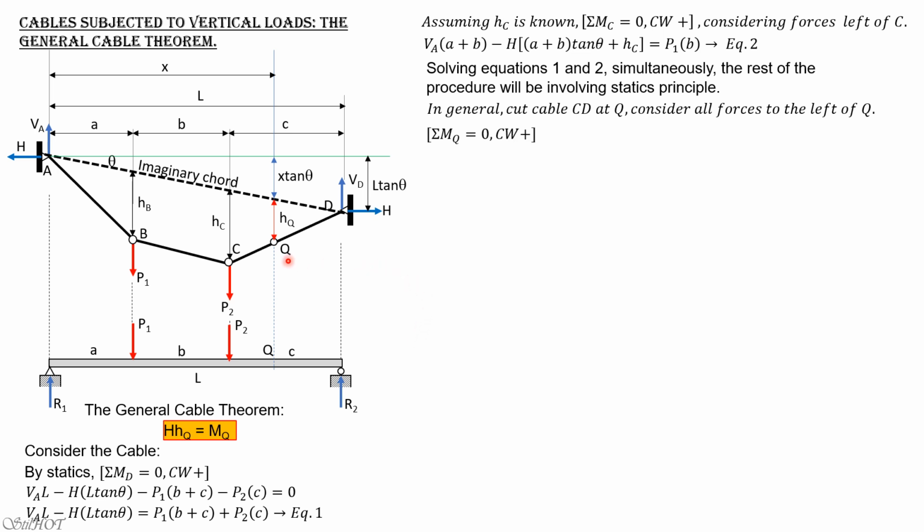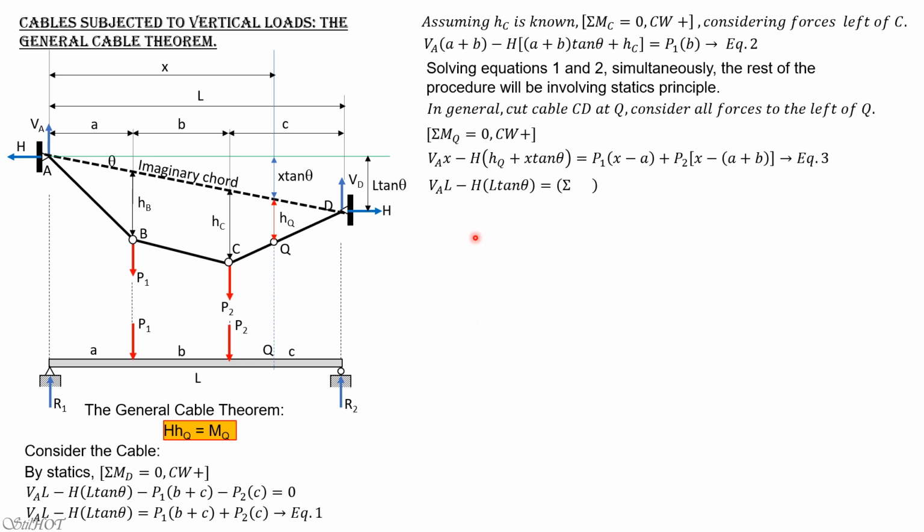Summation of moment about Q equals 0, clockwise positive, then we'll have V sub A times X minus H times, this total distance is X tangent theta plus HQ, or HQ plus X tangent theta, equals P1 times (X minus A), this distance is X minus A, then plus, transposed to the right, P2 times this distance, which is X minus quantity (A plus B). So call that equation 3.